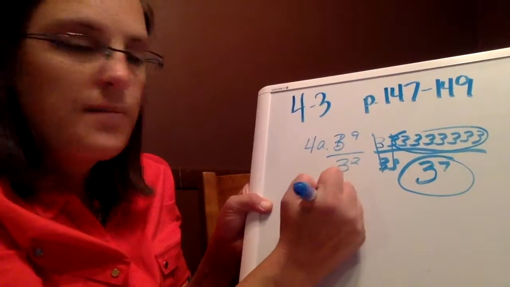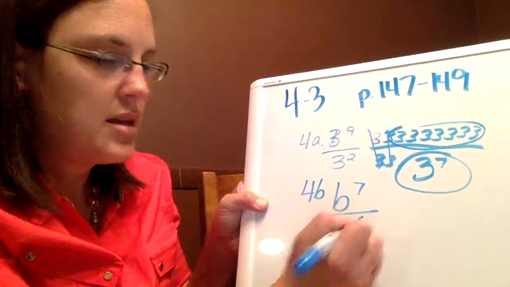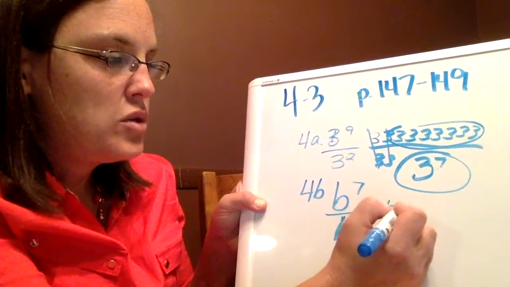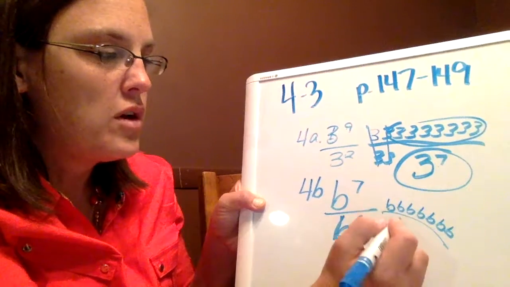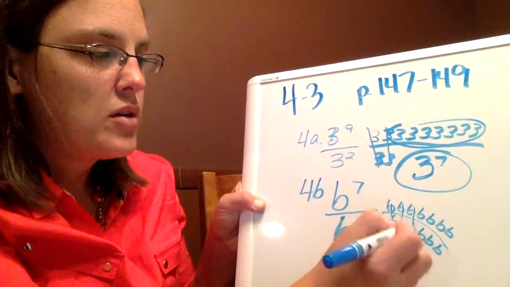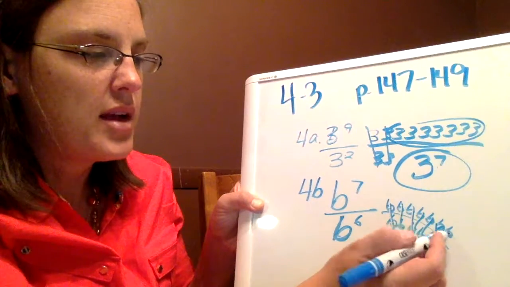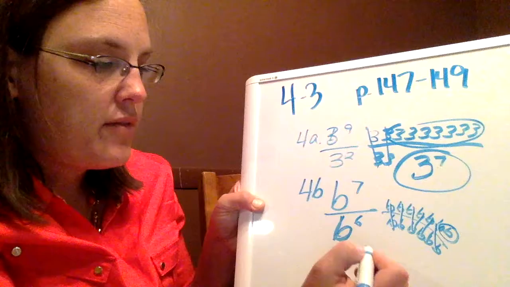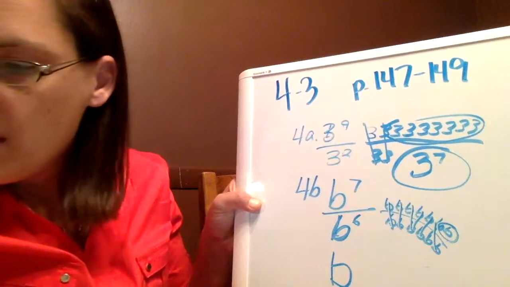That's 1, 2, 3, 4, 5, 6, 7 b's over 1, 2, 3, 4, 5, 6. Cross off the common b's, and we have, oops, I think I got off there, 1b left. So the answer is just b for number 4b.